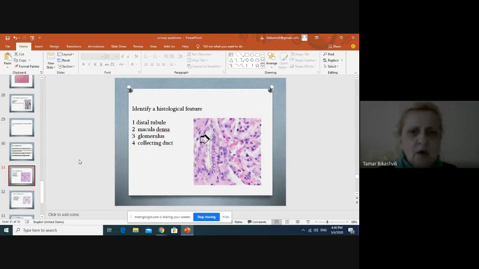And so, what is this? What do you think this part is? Distal tubule, macula densa, glomerulus, or collecting duct? I think we have 5 minutes. Yes, approximately 5-7 minutes.